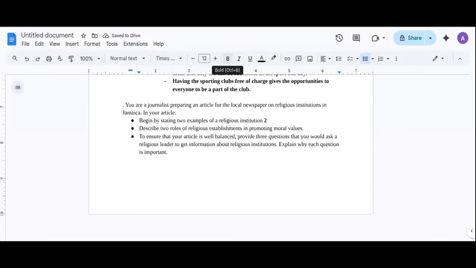To ensure that the article is well balanced, provide 3 questions that asks to get information and why each is important. So that will be, she's getting 2 marks for each question and 2 marks for each explanation. So that is 12 marks altogether.